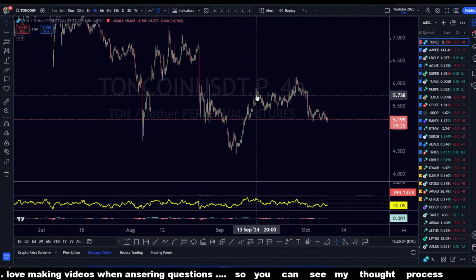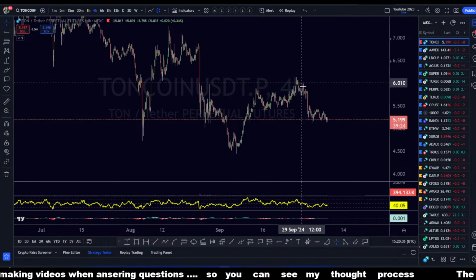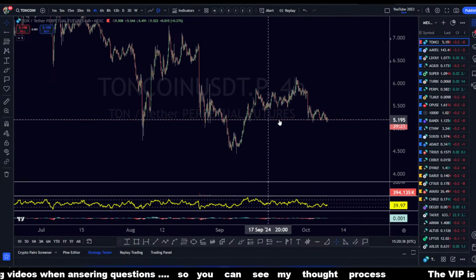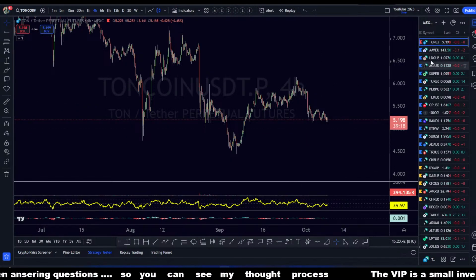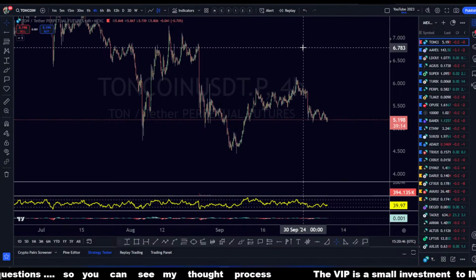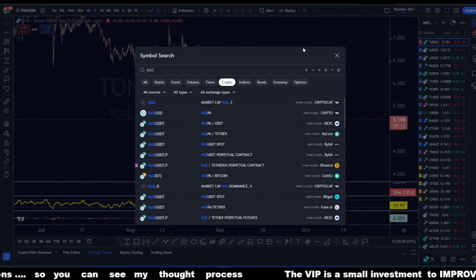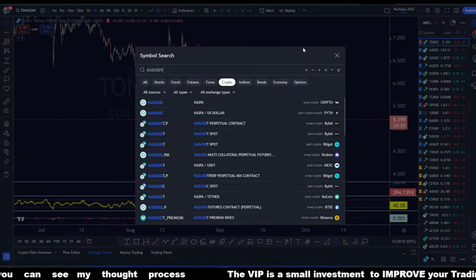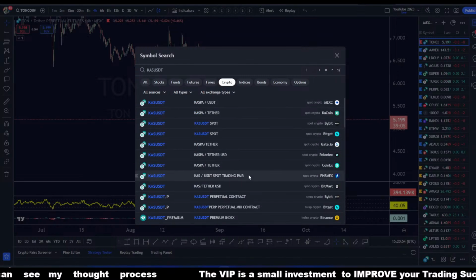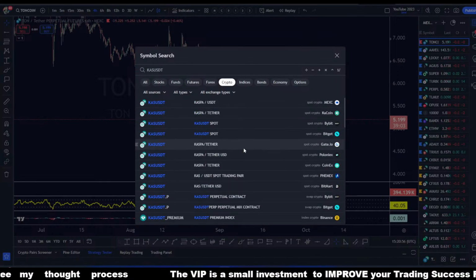Here, price came up, came down, retraced a little bit, came up, came down even more, retraced a little bit. Kaspa. Okay, we'll look at Kaspa. Do I have Kaspa on here? Don't have Kaspa. I was looking at Kaspa, the USDT.P.